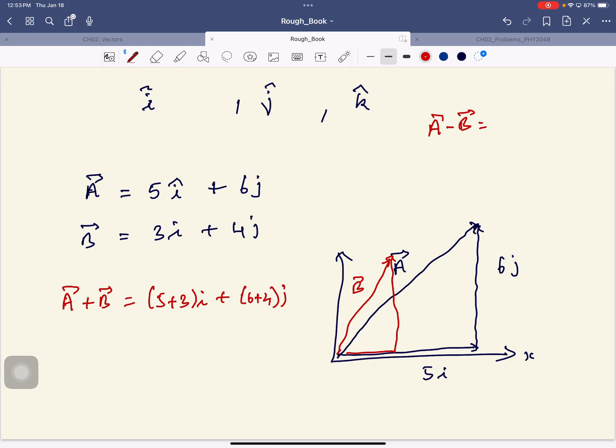So minus B would be minus 3i minus 4j. And then if you add that, it would be 5 minus 3 i plus 6 minus 4 j. Everybody understand that?